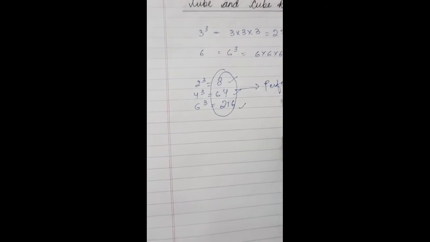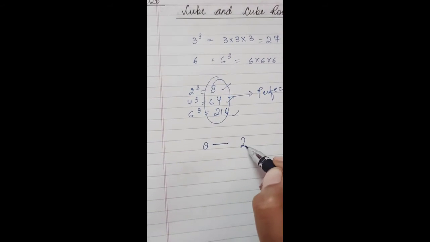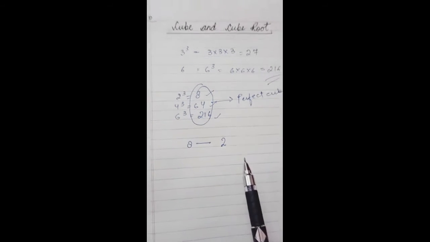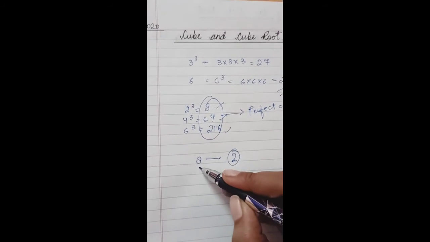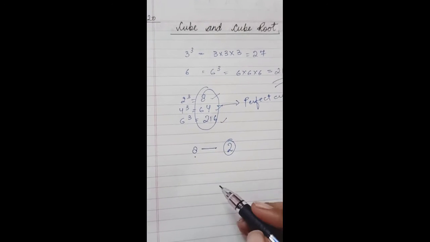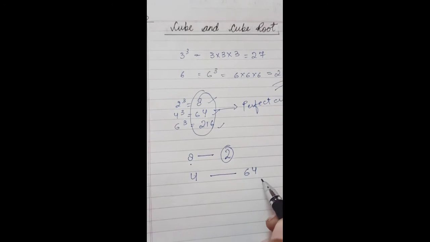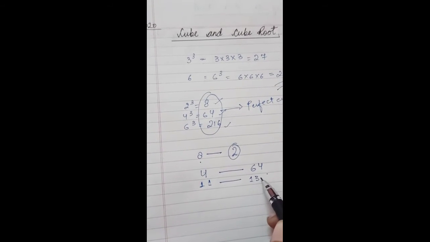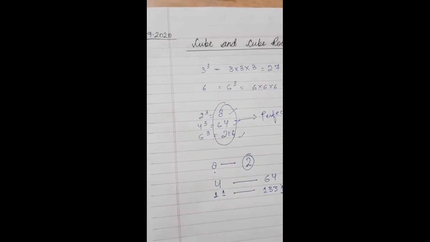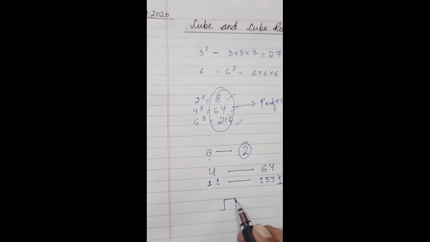Cube root. 8 is the cube of 2, right? So you can say that 2 is the cube root of 8. 4 is the cube root of 64. 11 is the cube root of 1331. Right? The cube root of a number is indicated by this sign.